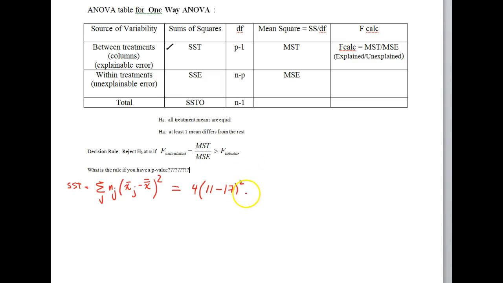Okay, and now we're doing this for each treatment. This is what the summation over all j means. So now we have 4 times 14 minus 17 squared plus 4 times 26 minus 17 squared.